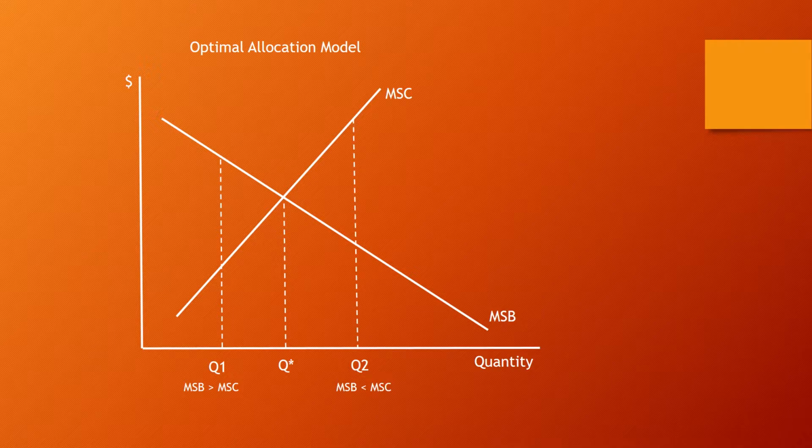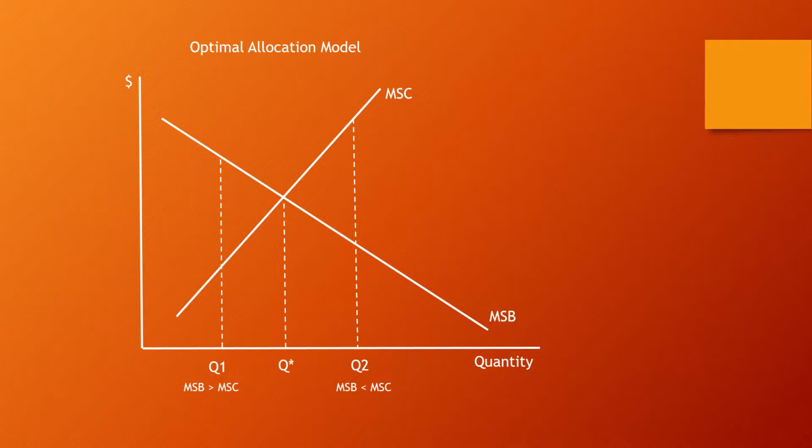Consider also a quantity, Q2, greater than the efficient quantity Q star. At this point, with Q2 units of the good, marginal social cost is greater than marginal social benefit. So as we said earlier, from an efficiency perspective, there should be less of the output produced in the community.